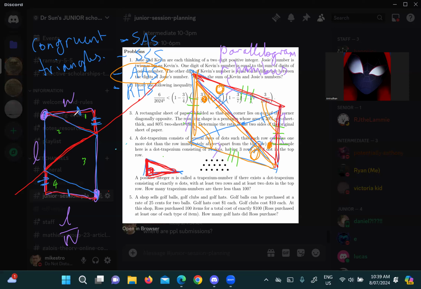Because when you showed the diagram, it showed that you had the AAS congruence, so I thought it was equilateral. Why would that be? Because you showed that you have two angles that are equal and then one side. So if they're both the same, that means they have to be both equilateral.